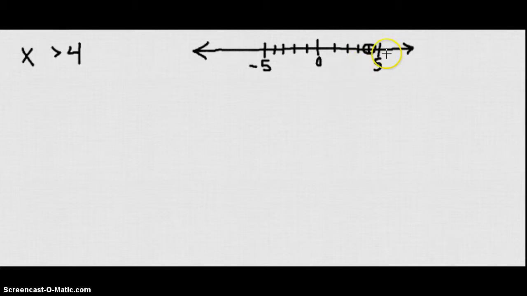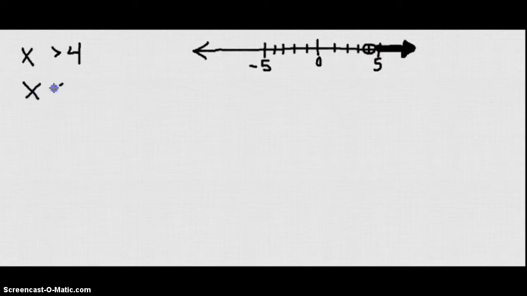So we're going to put a circle at 4, but we're going to leave it open because 4 is not included. Then we're going to shade everything to the right of 4, including my arrow, because x has to be greater than 4.